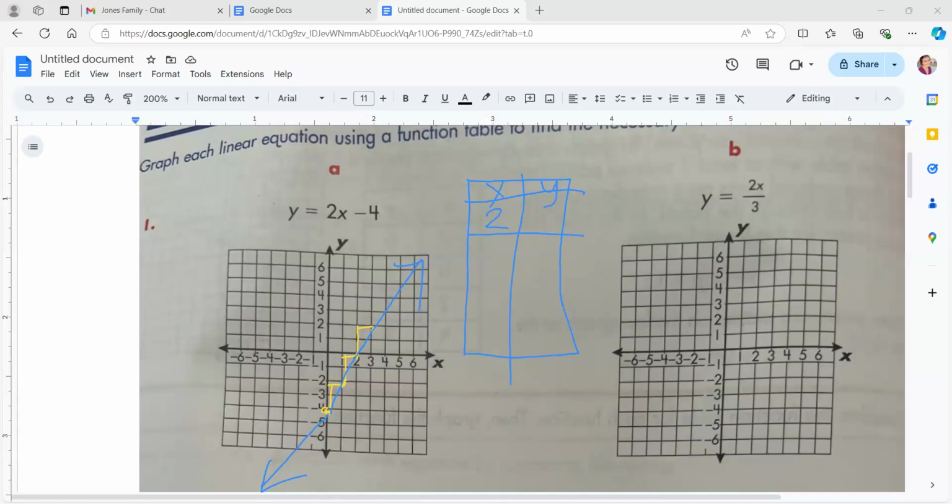0. Good. If x is 3, what is y? Two. Good. And if x is 0, what's y?